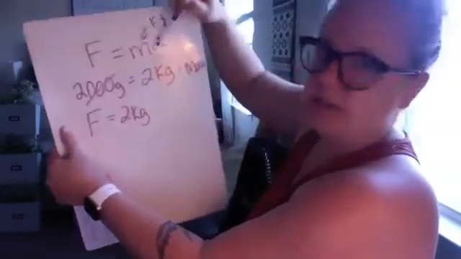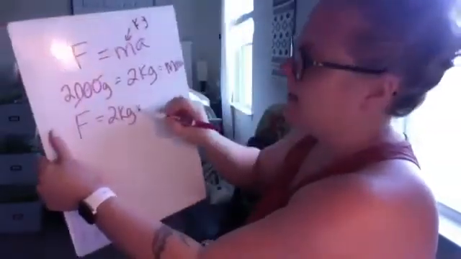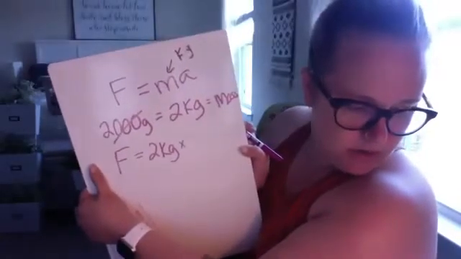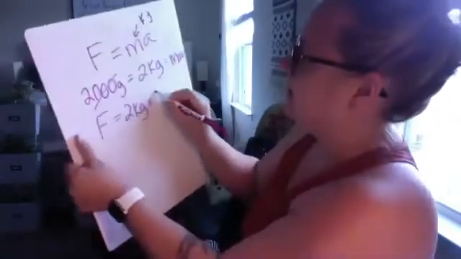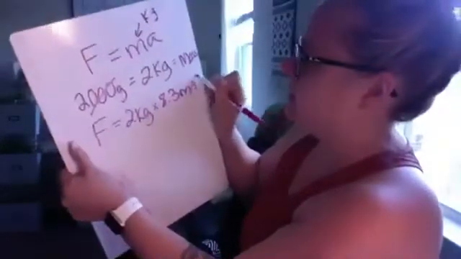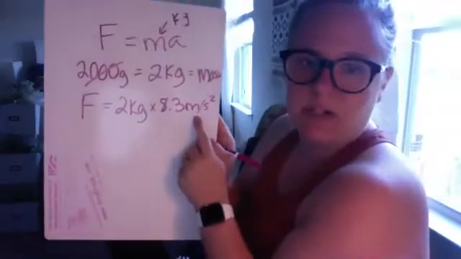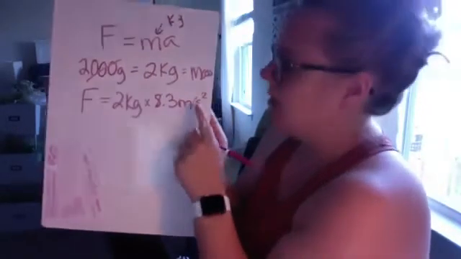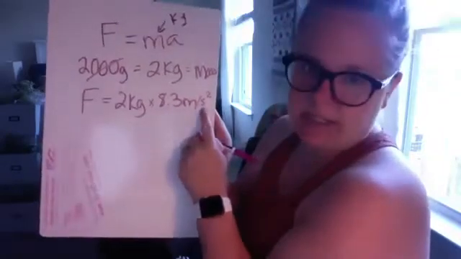Since these are next to each other, we multiply. The acceleration in the problem was 8.3 meters per second squared. That squared just belongs to the unit. Remember we learned that before e-learning. This just means that's the acceleration.